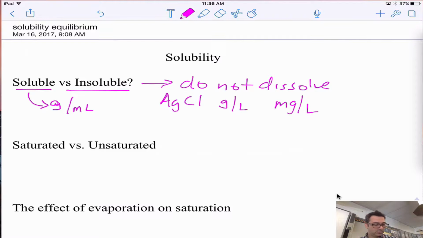So let's talk about these two terms, saturated versus unsaturated. This chapter I do as part of equilibrium because saturated can be thought of as a state of dynamic equilibrium.